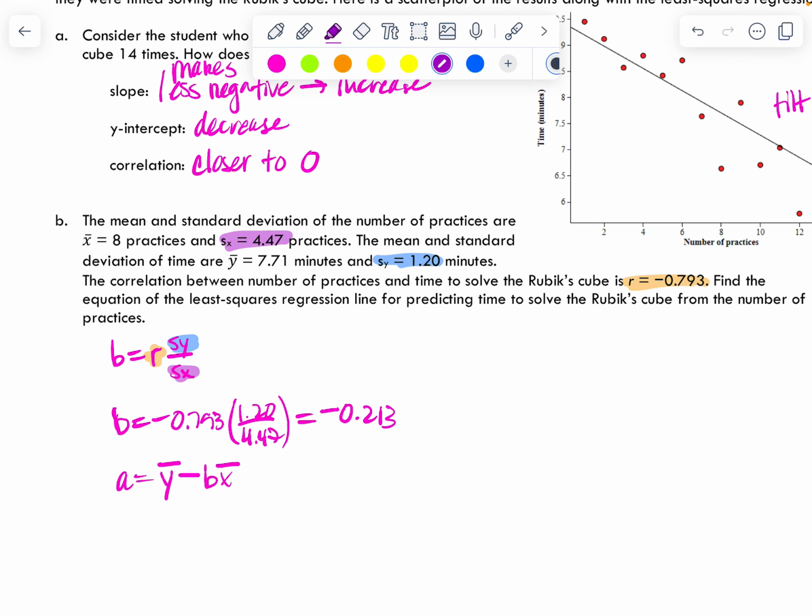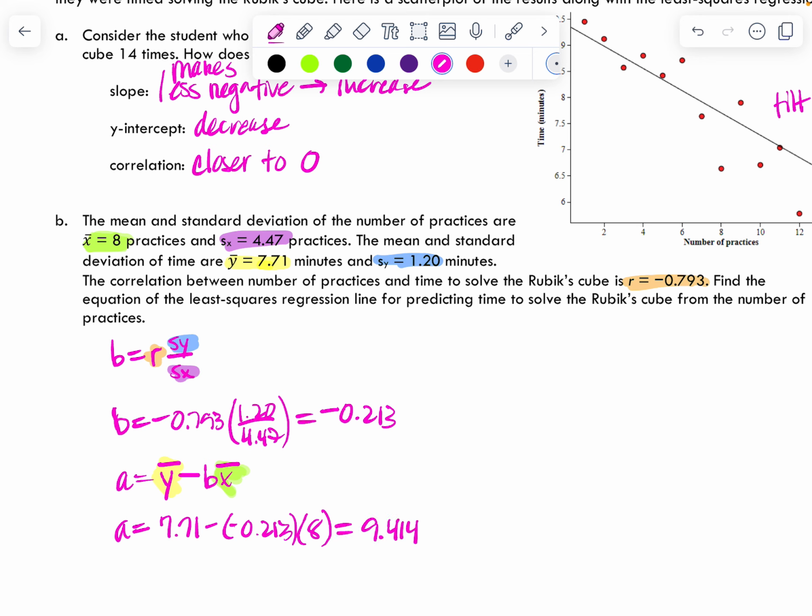I know that y bar is 7.71, and I know that x bar is 8, and b is negative 0.213. So a is 7.71 minus negative 0.213 times 8, and I get 9.414.